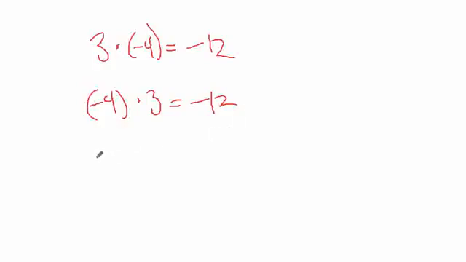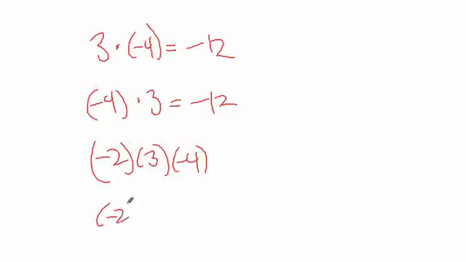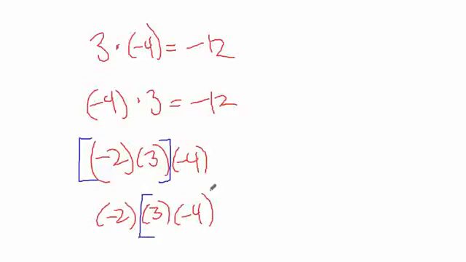If you did minus 2 times 3 times minus 4, let's do it two different ways. One way that we could multiply is we could do the first pair, find that product, and multiply that by minus 4. Or we could do the second pair, the second product, and multiply that by minus 2.